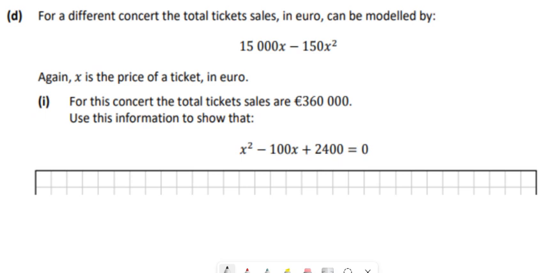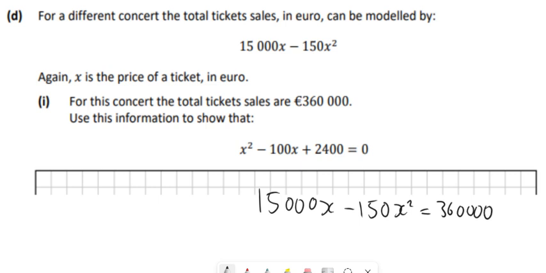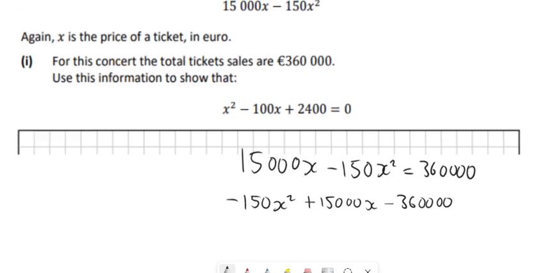Right, here then all we're going to do is we're just going to let that be equal to 360000. Then bring everything to one side, we get minus 150 x squared. I'm just putting the x squared first as well. And then we're going to divide down by 150.